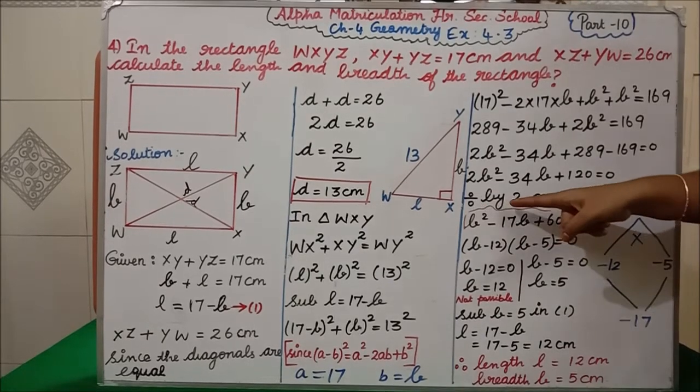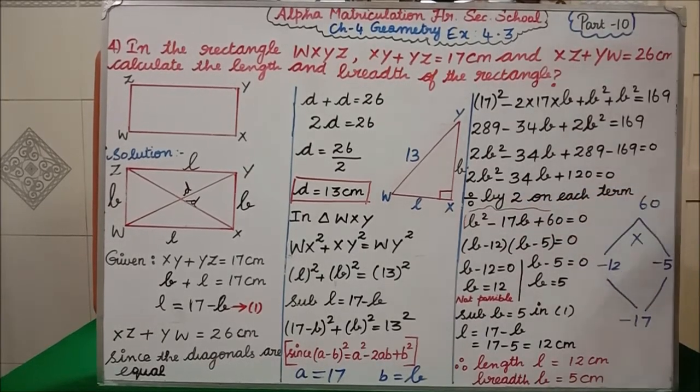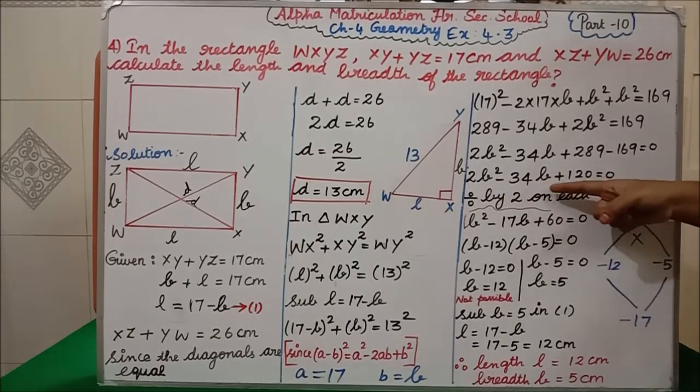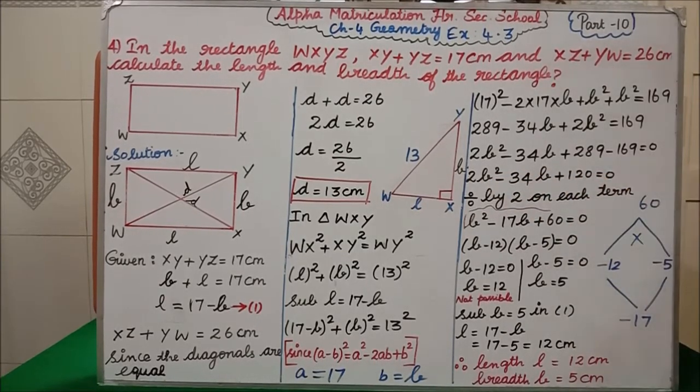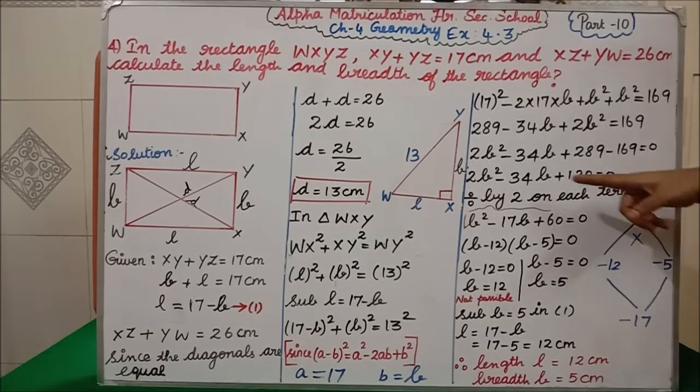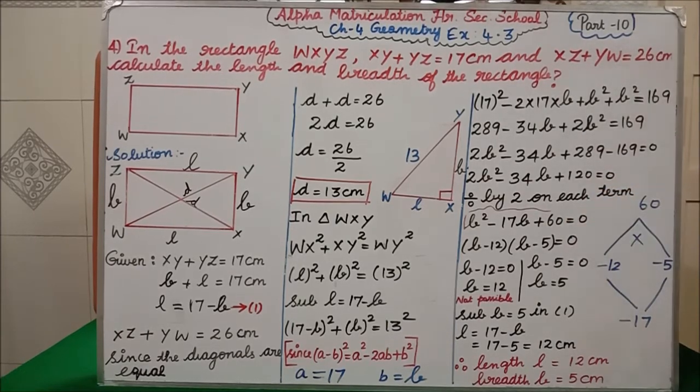So I am dividing by 2 on each term. Each term means what? 2b square divided by 2, 34b divided by 2, 120 divided by 2. If I divide, what will I get? 2b square divided by 2, the 2 will get cancelled, I will get only b square. 34 divided by 2, I will get 17b. 120 divided by 2, I will get 60 equal to 0.